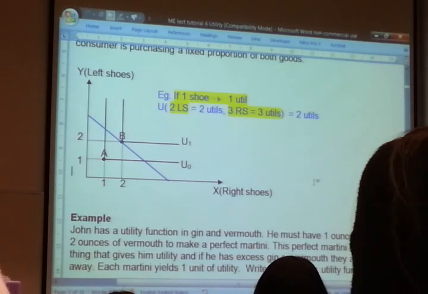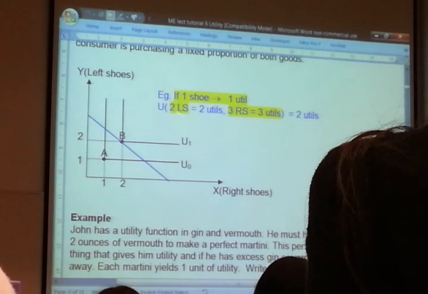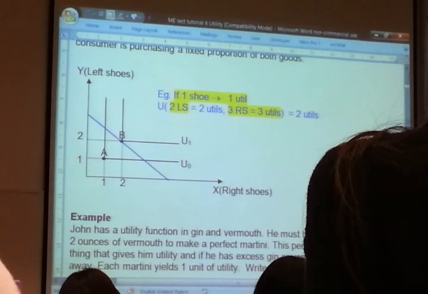And the answer is based on the minimum of the 2, the lower of the 2, so it's 2.